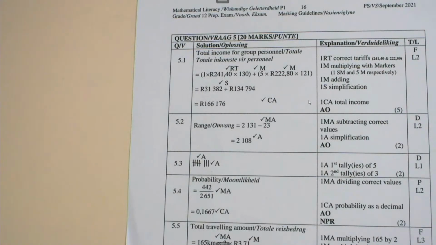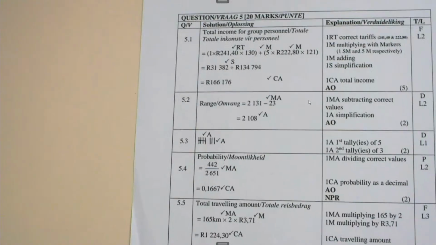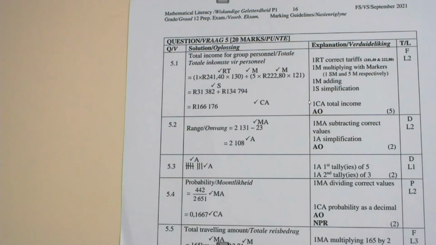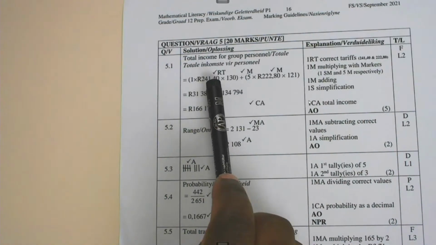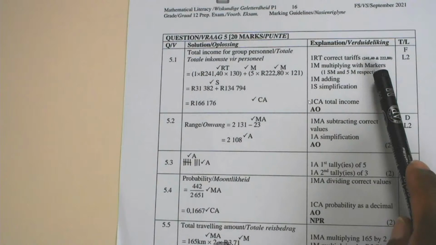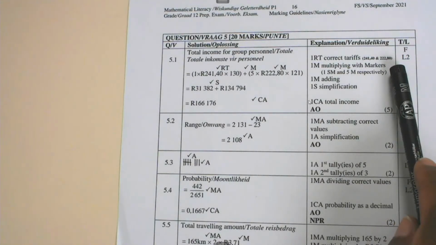Now let's look at the marks. There's no possible answer to that. It's 1 mark, RT mark, for tariffs, which is 241,40 and 222,80.